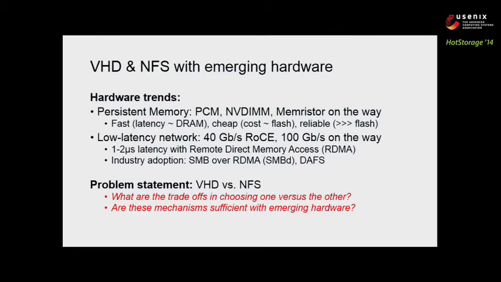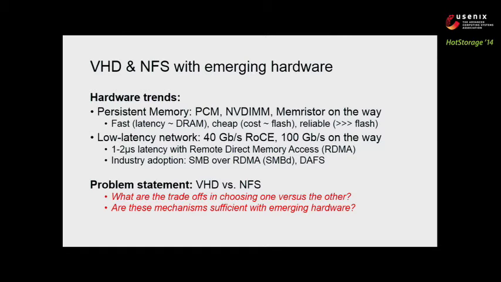These protocols are starting to be well adopted by the industry with, for example, SMB Direct that supports SMB over RDMA, or DAFS. So in that context, this work explores how VHD and NFS mechanisms work. Namely, what are the trade-offs in choosing one versus the other with these new emerging trends? And are these mechanisms at all sufficient with this very performant hardware?